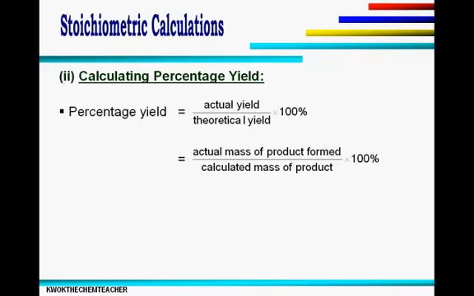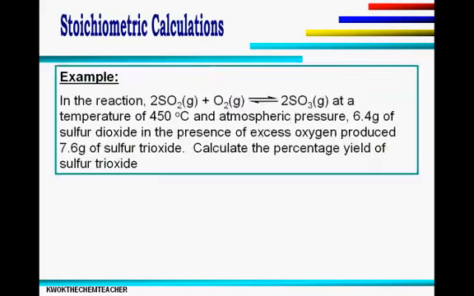Now, percentage yield can be obtained by the actual yield divided by theoretical yield multiplied by 100%, or the actual mass of the product formed divided by the calculated mass of the product multiplied by 100.